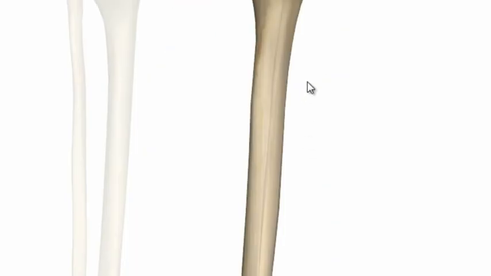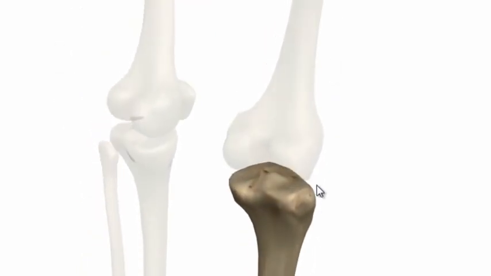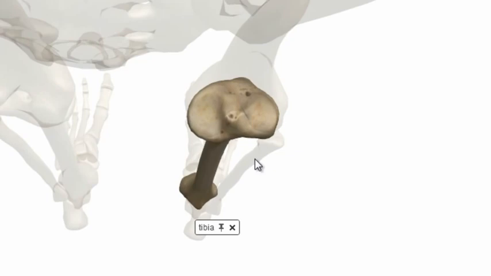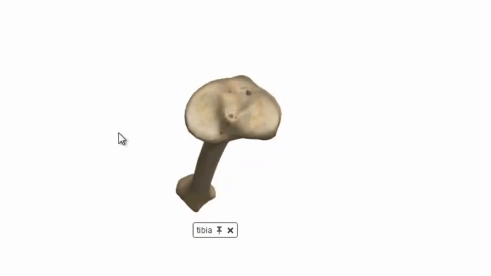I'm just going to rotate the model. We're looking at the superior aspect, and you can see the faded fibula. This side is lateral, this side's medial, and we've got anterior up here, posterior back here. I'll fade out those bones now, and we'll look at the superior surface of this bone.